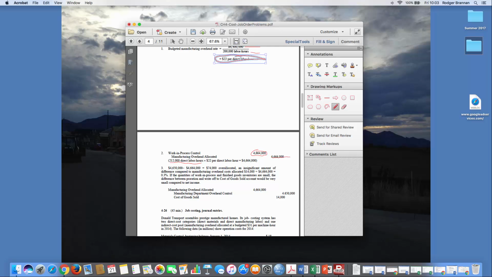All right. Now, in this particular case, too, if you look at number 3, it says, oh, by the way, the actual overhead was $4,650,000. In this case, the applied or the allocated overhead was $4,664,000, which means that they over-applied here.